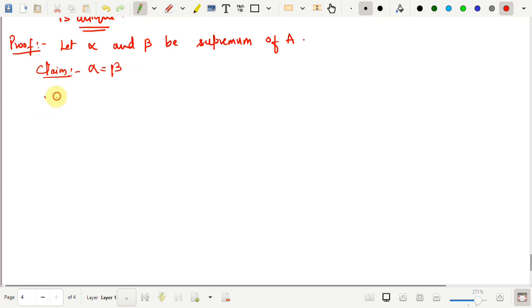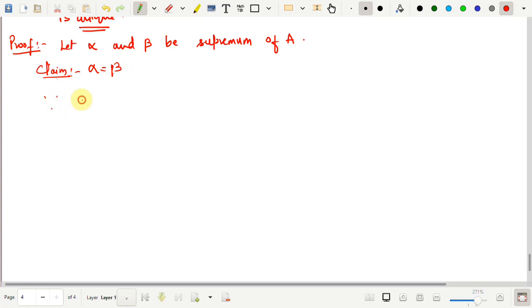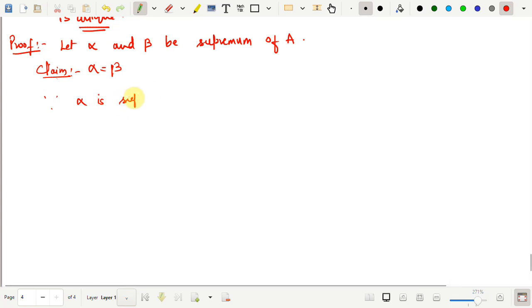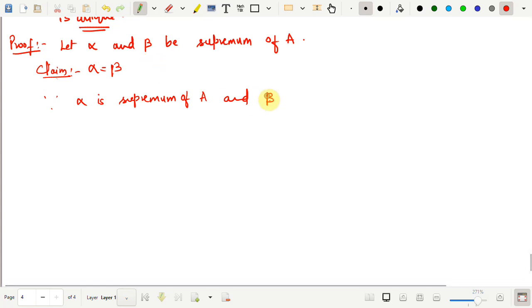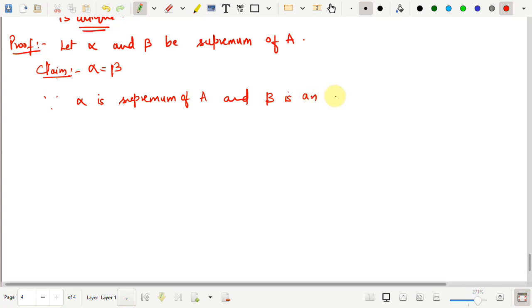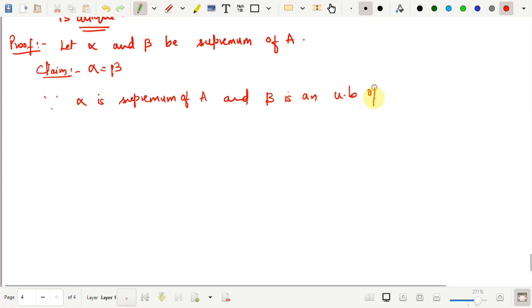So first I'll say that since alpha is supremum of A, and I'll use the other quality of beta. Beta is also supremum, but beta supremum means it also has to be an upper bound. So beta is some upper bound of A.